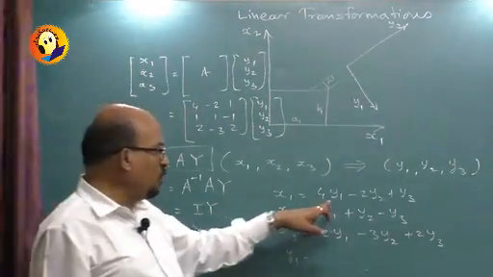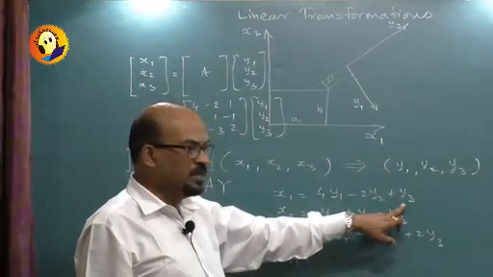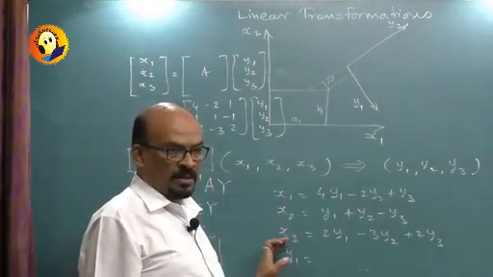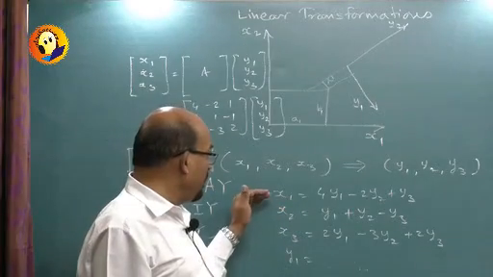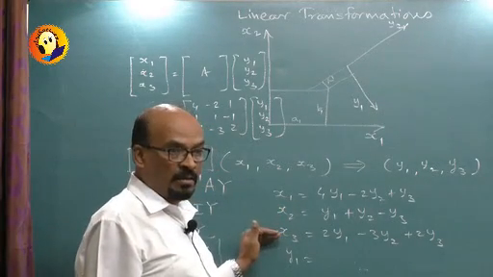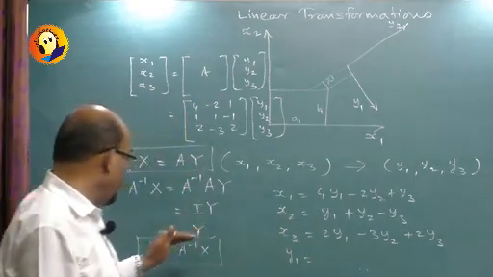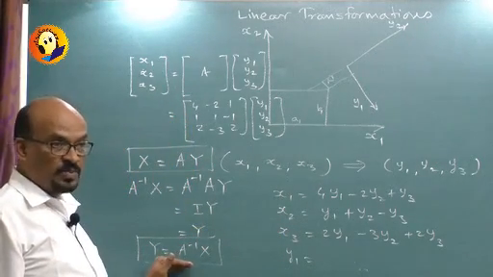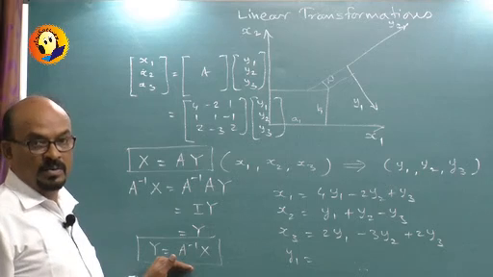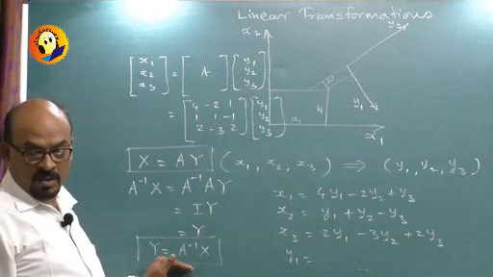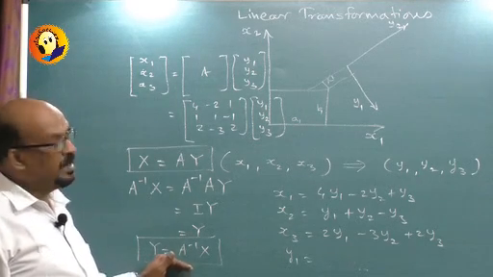So if it is 1, 2, 3, then you can simply substitute these values here, you will get this. But if they say the point results in 1, 1, 1, then what was the corresponding point in y? Then you will have to come to this, find A inverse, find that relation, and then substitute. Okay, these are called linear transformations.